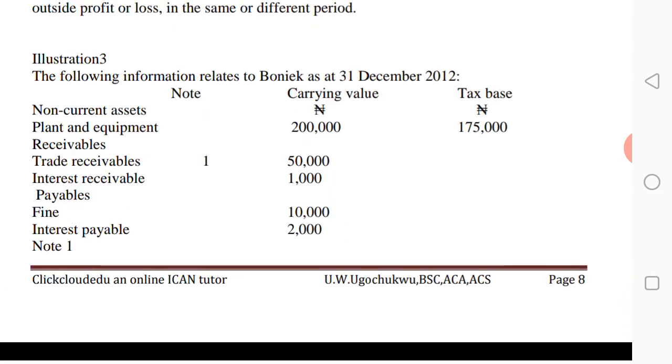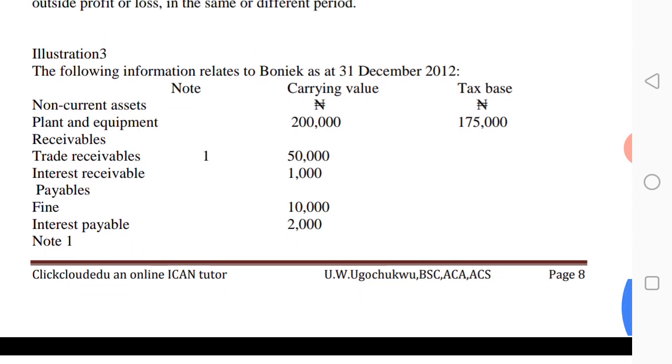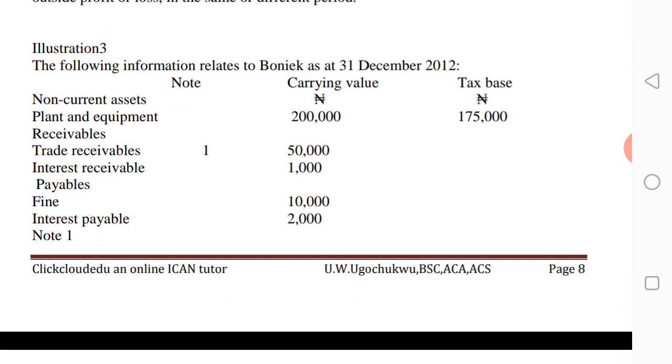Now let's look at illustration 3. Illustration 3 does not look at both the asset and liability. We are given that Bonic, as at December 2012, has these amounts and the tax base for non-current assets, which is for plant and equipment, 200,000 and 175,000.